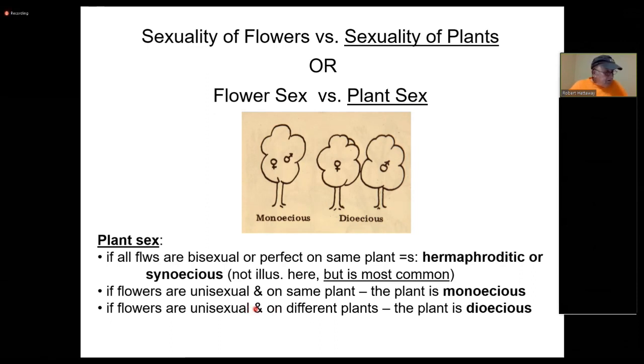In nature, in the tropics is where we find dioecious conditions. In fact, all the cycads we'll talk about in a minute, they're all dioecious. Every living cycad is dioecious. And all the extinct ones are too, we think.